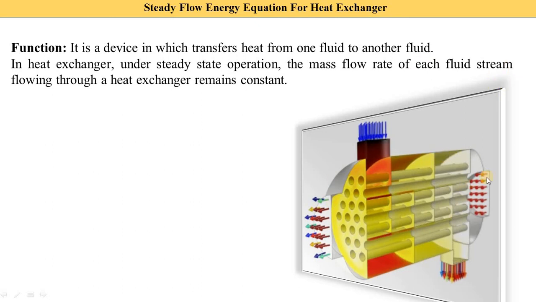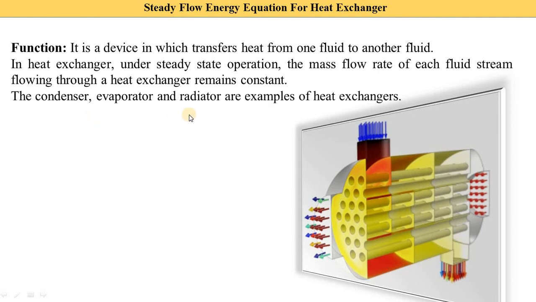In this image, the red arrow indicates the hot fluid entering inside the pipe, and the blue arrow means cold. The cold fluid is supplied outside the tube, on the shell side. The mass of both fluids remains constant and does not change with time, because we are deriving the steady flow energy equation.